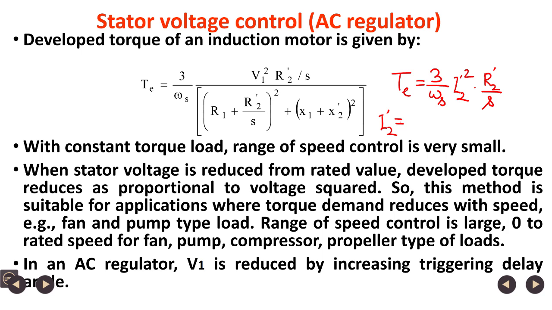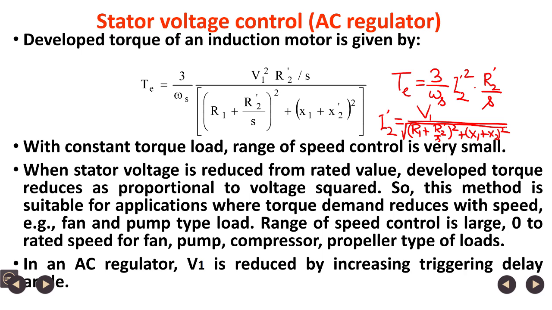If the magnetizing current is neglected, I_2' is the stator applied voltage V_1 divided by the square root of (R_1 plus R_2' by S) whole squared plus (X_1 plus X_2') whole squared. The denominator is the total impedance and the applied voltage is V_1, so I_2' is V_1 by total impedance.